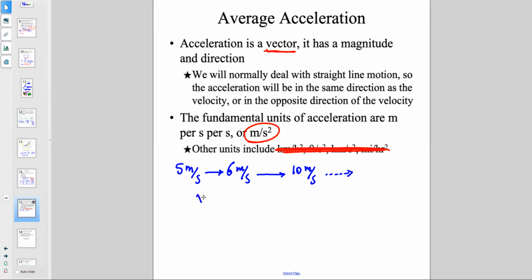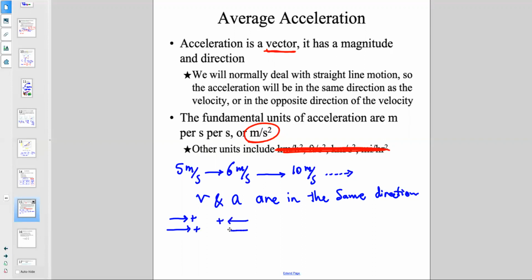That means the velocity and the acceleration are in the same direction. They're either both positive or both negative.